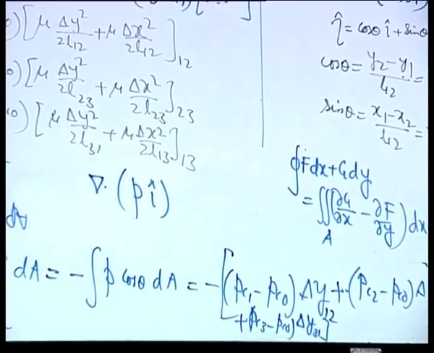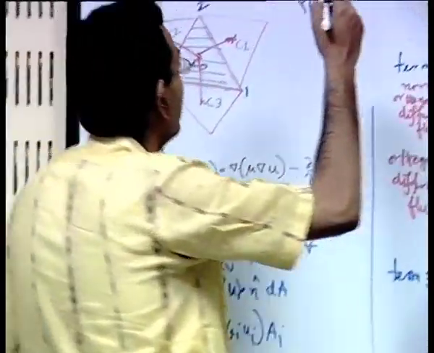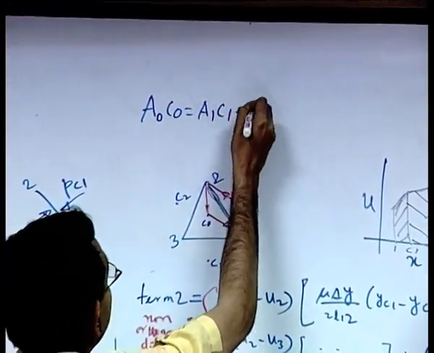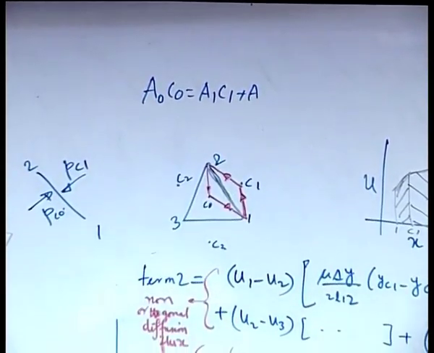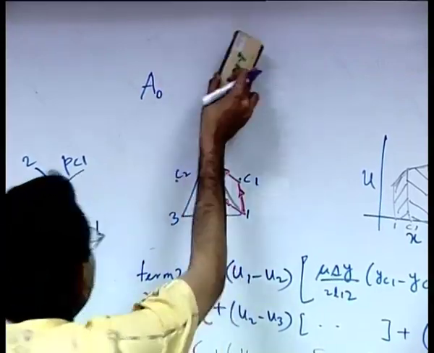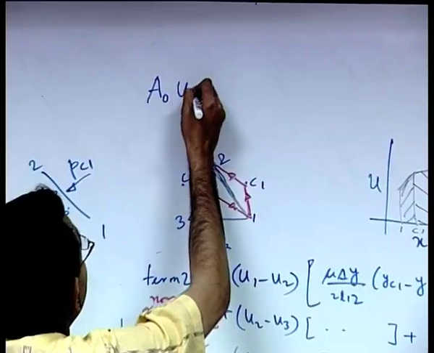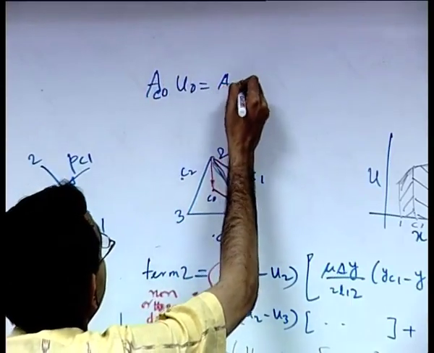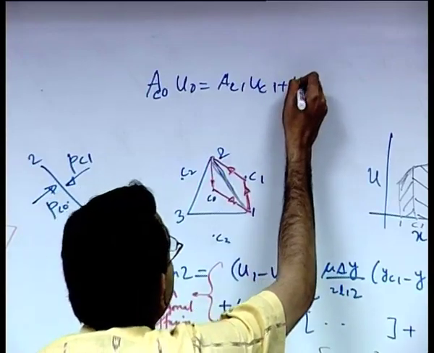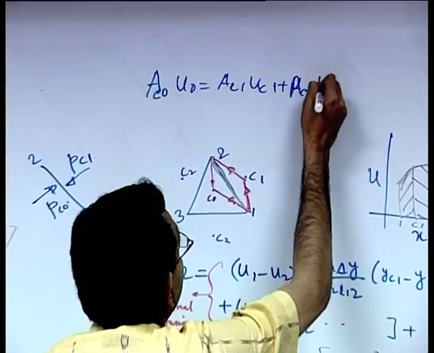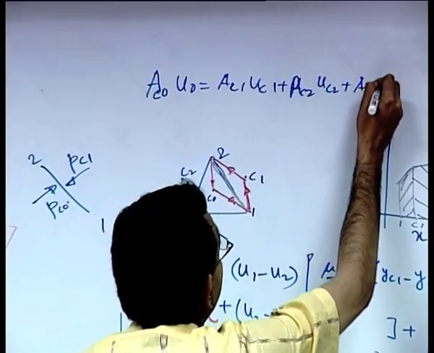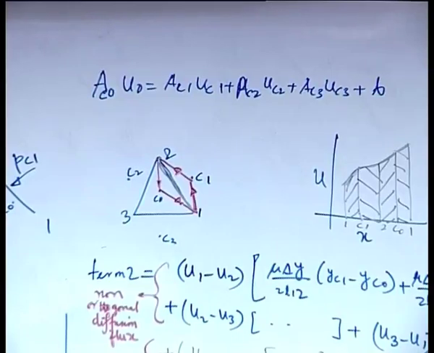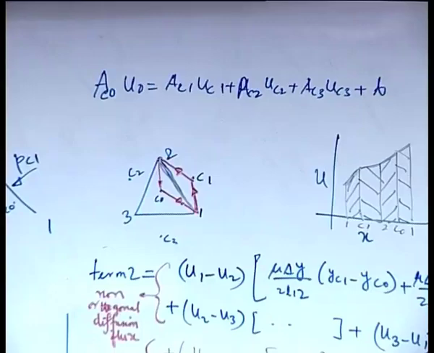So what you see is that the structure of discretization is again the same. You are again having AC0 UC0 is equal to AC1 UC1 plus AC2 UC2 plus AC3 UC3 plus B. You can see that why this B term is necessary, even though there is no source term as such.